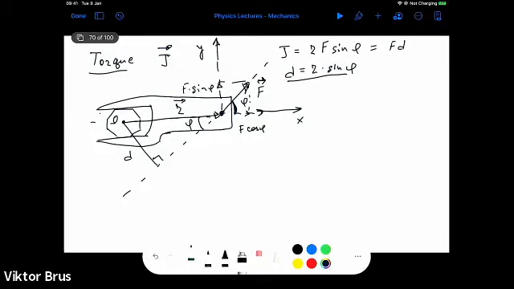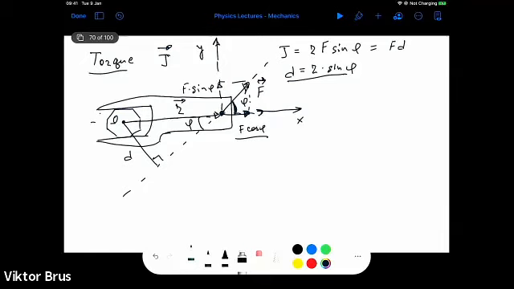So if we consider, for instance, this X component of force F here, which goes along axis X and goes directly through the axis of rotation O, in this case its torque will be equal to 0.